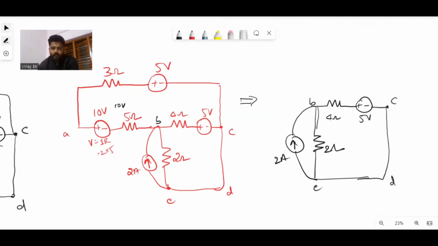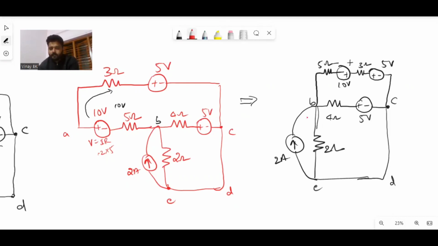From B, I will rewrite like this: 5 ohm. I am just tracing this. The voltage source is here. It becomes minus plus right here, then again 3 ohm resistor, then again plus minus of 5 volts, 10 volts, 3 ohm, 5 ohm.